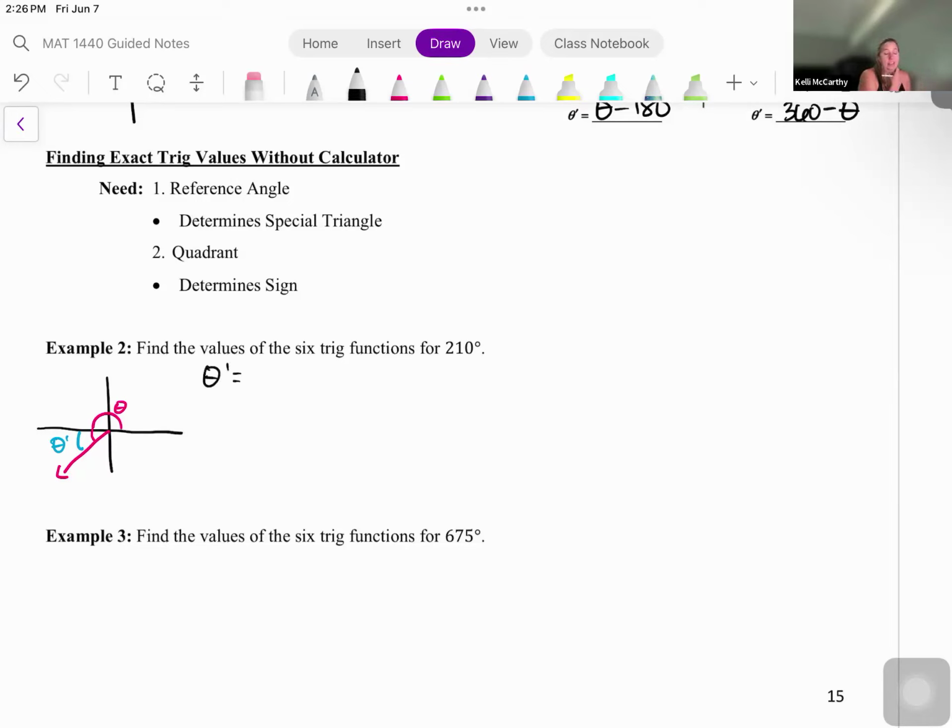If our terminal side is in quadrant 3, to find that reference angle, we're going to do our angle minus 180. So 210 minus 180. Our reference angle is 30 degrees. We also know that we're in quadrant 3, so only tangent and cotangent are going to be positive.